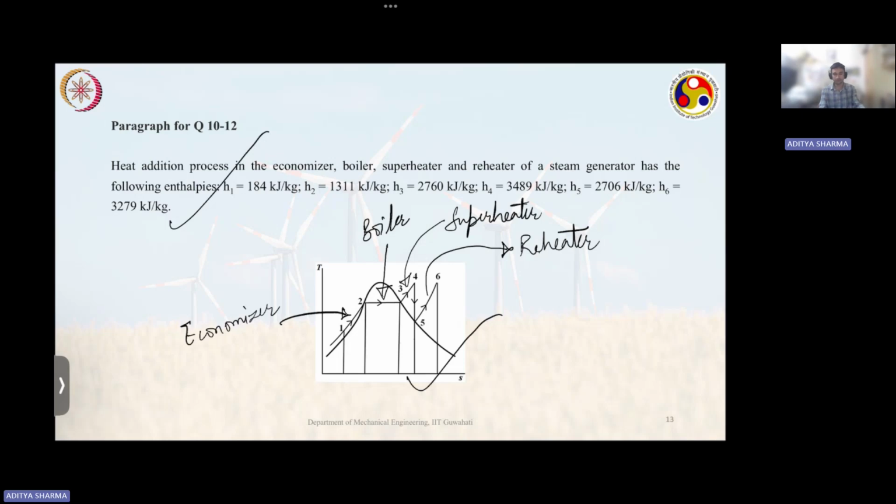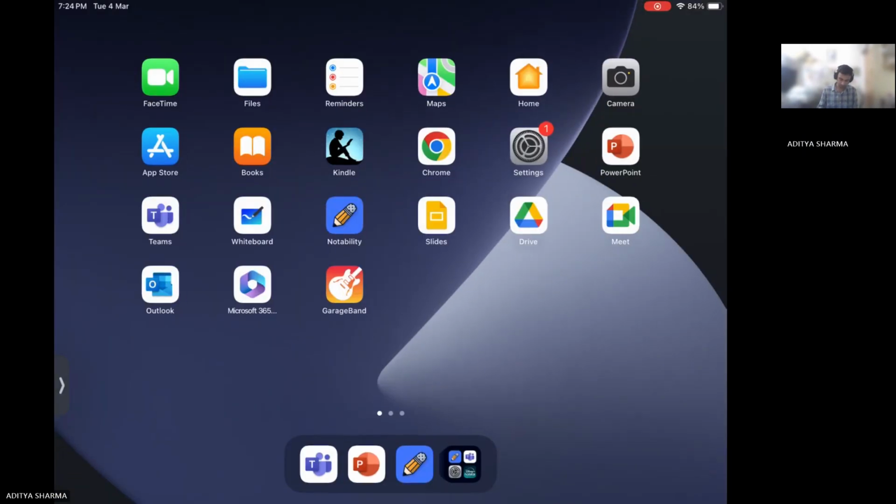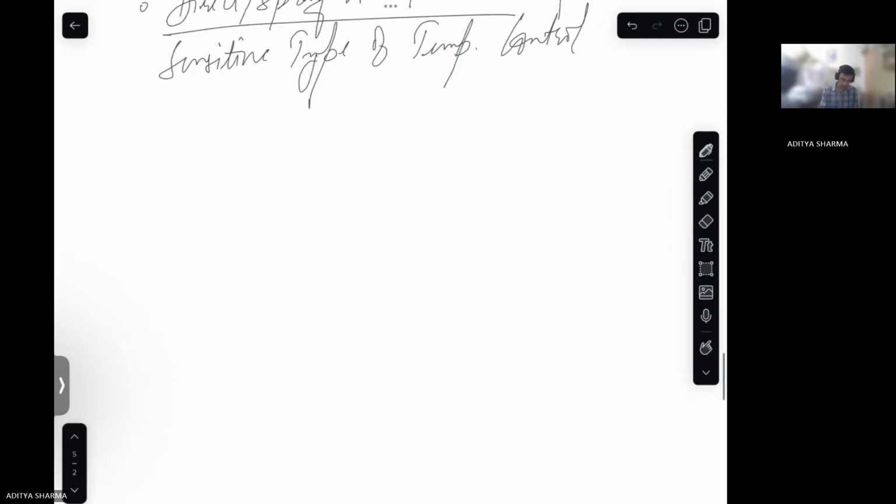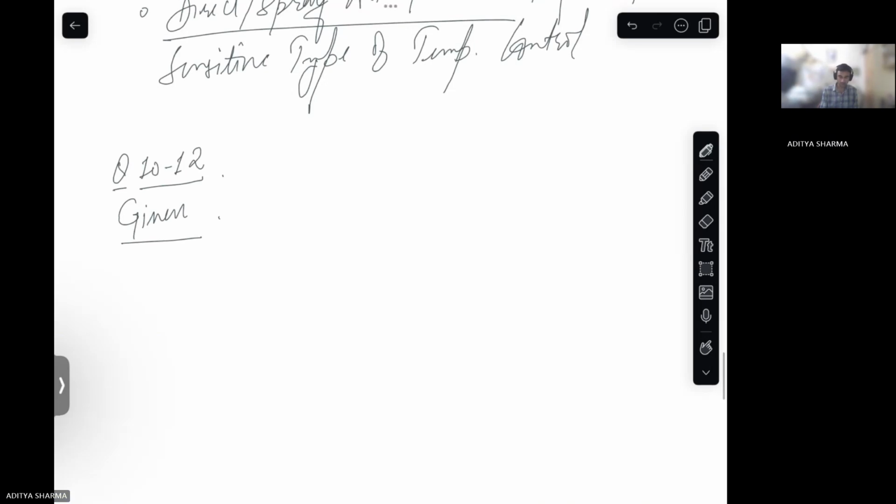So let's first write these down. Question number 10 to 12. So what has been given? H1 is given as 184 kilojoules per kg.